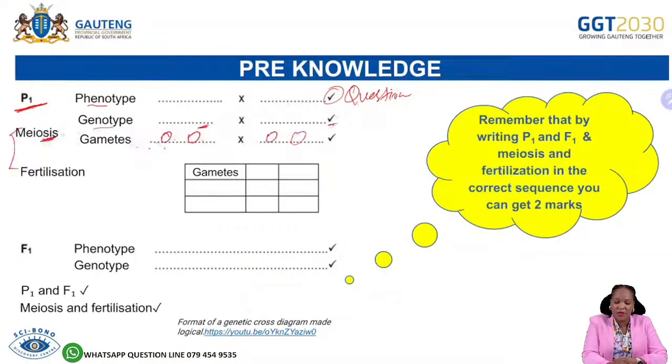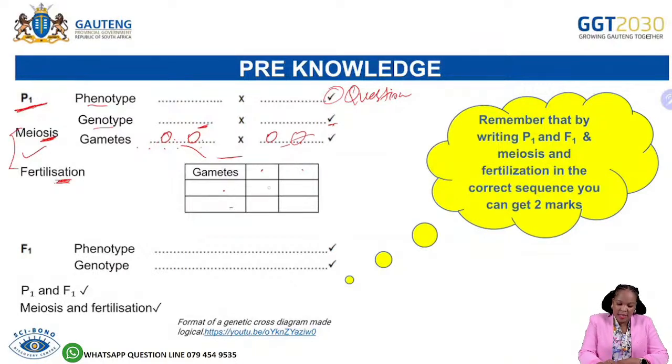Remember, meiosis comes first because it is the process where we are forming gametes. Then you write your gametes separated into circles, or you can put commas, but it must show the spaces, must be big. Then you fertilize these gametes during the process of fertilization. Then you can use a Punnett square, or you can just use that cross method, remember. For writing meiosis and fertilization at the correct place, you are going to get 1 mark.